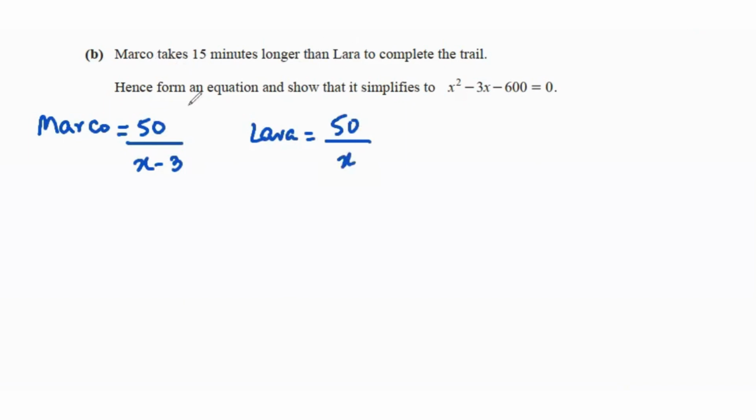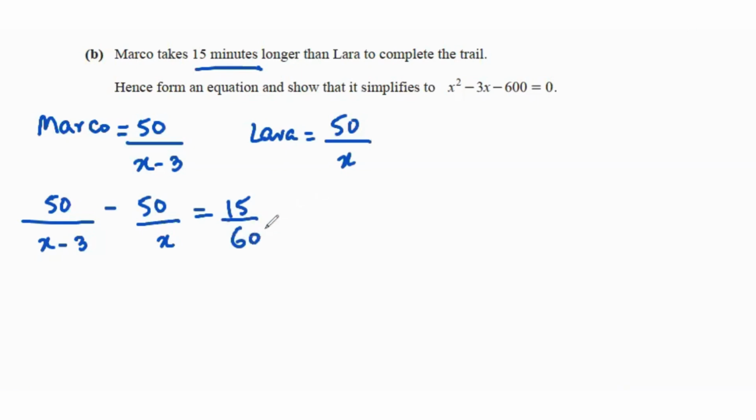Marco takes 15 minutes longer, which means the difference of their times will equal 15 minutes. These speeds are given in hours, so we divide 15 by 60 because 1 hour is equal to 60 minutes. If the speeds were given in kilometers per minute, then you would keep 15 as it is. But since it's in hours, we have to divide 15 minutes by 60 and convert into hours.